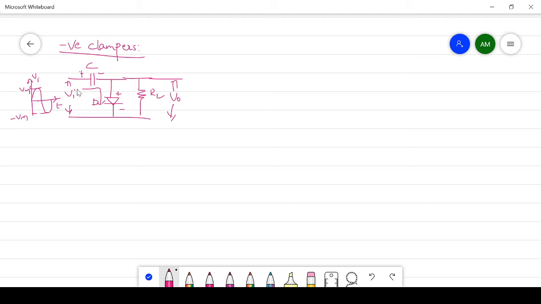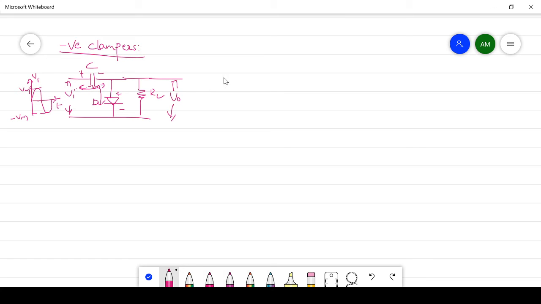Whenever we are applying the current moves to the capacitor terminal, the capacitor charges up to the maximum value, that is the maximum peak, Vm. But it's stored in a reverse direction, so here the capacitor stores charge of minus Vm.